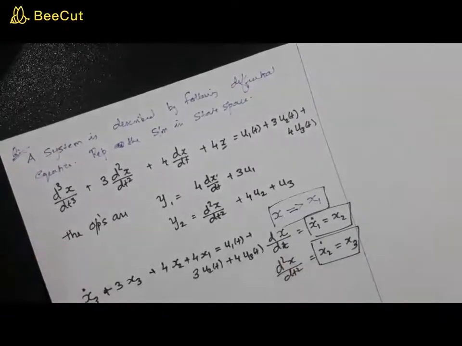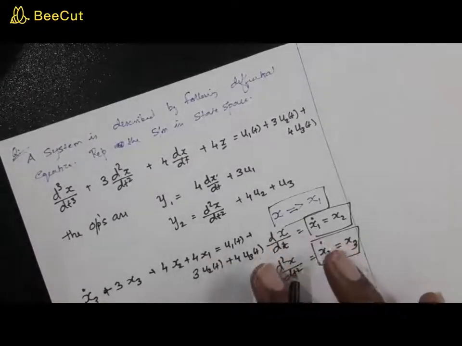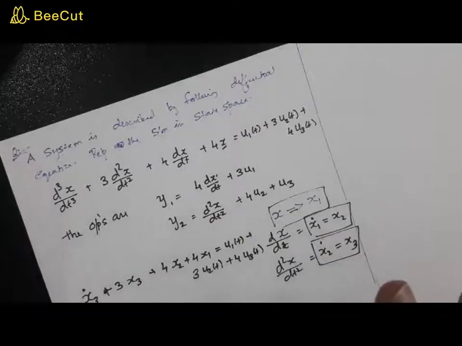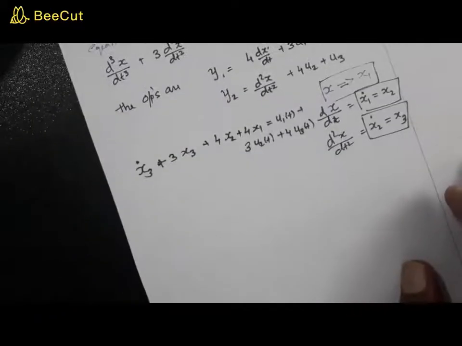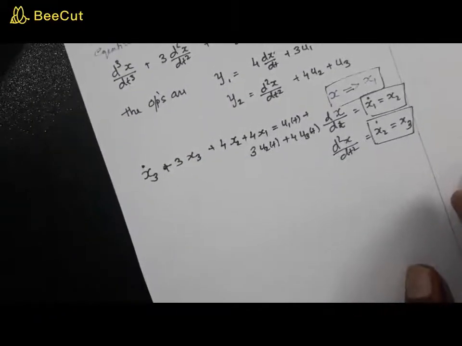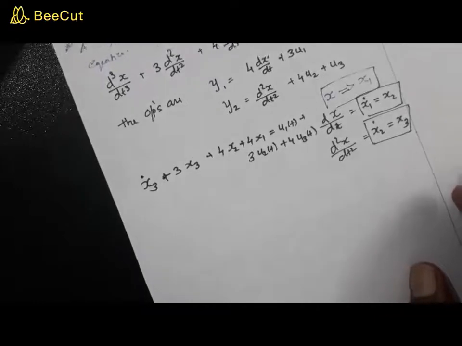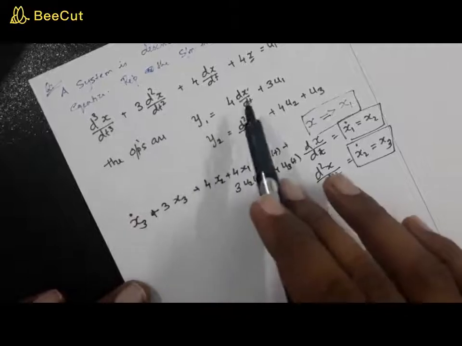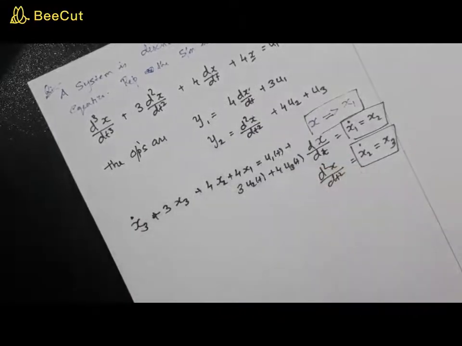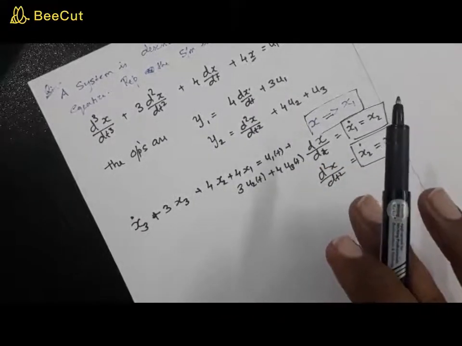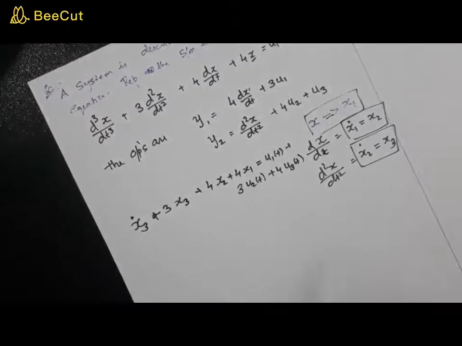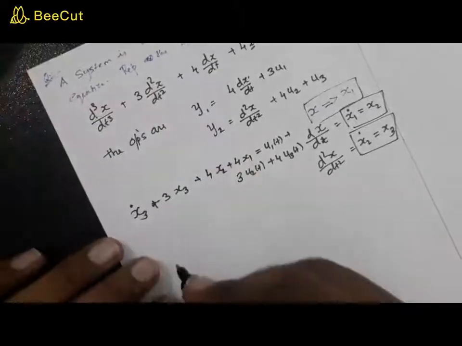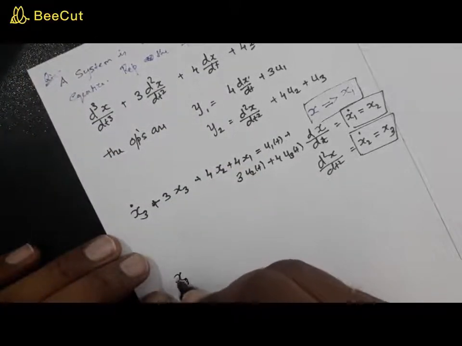Okay, now this is the difference from the previous problem. Here you have 3 inputs, so this is a multi-input multi-output system. Not only that, the differential equation and the output equation are expressed in another variable x. So we have assigned that x to be the state variable. So from this equation you will be able to get x3 dot. Now what will be your x3 dot?